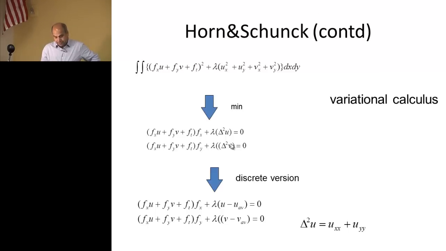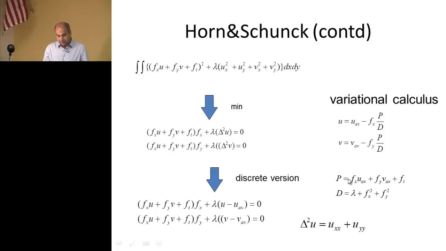So now we have 2 equations with 2 unknowns, u and v. You can solve these 2 equations, pretty simple linear equations, and you can do this at home, and you'll find that u is given by this, v is given by this, where p is this one and d is this one. Those are in terms of the derivatives fx, fy, ft.